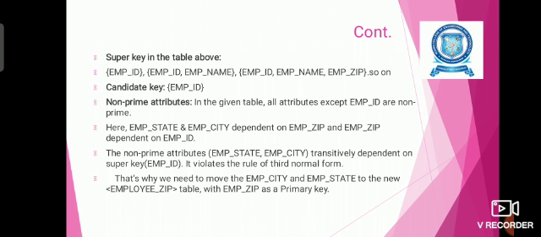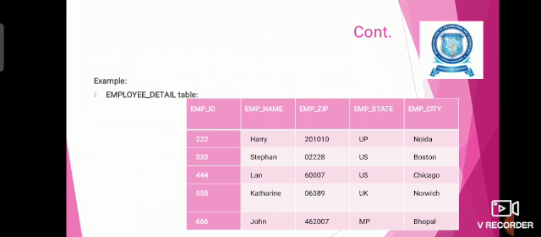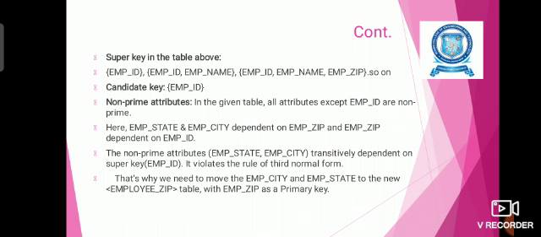The employee ID will act as the candidate key. The employee ID is used to uniquely identify the employee, so it will act as the candidate key. And all the attributes except the employee ID are non-prime attributes.